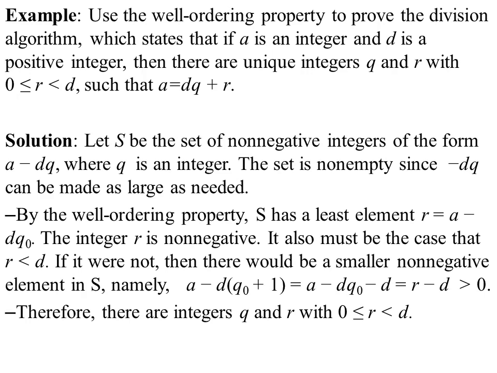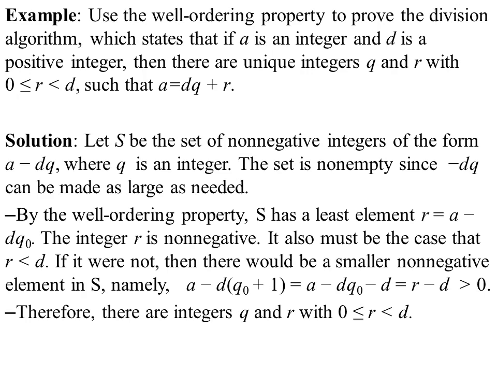So you can take proper values for q, and that multiplied with d and subtracted from a will give us an element in S. Now by the well-ordering property, S should have a least element r which is equal to a minus dq naught.